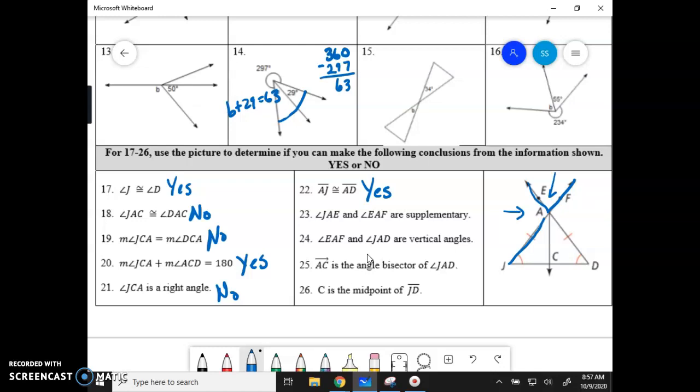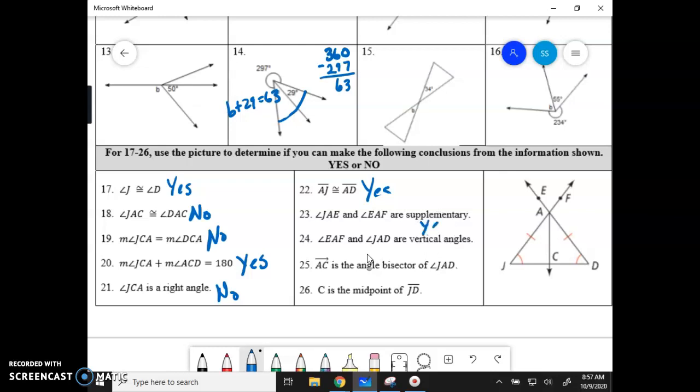Or in other words, do they add up to 180? We see that this is a straight line, right? We know that straight lines add up to 180. So yes, we can make the assumption that this angle here and this angle here would add up to 180. So yes, this is true.